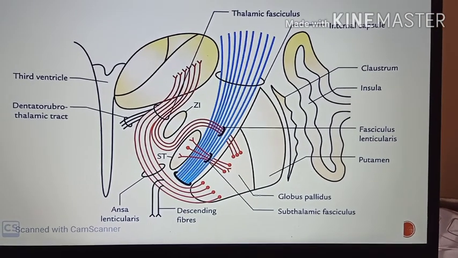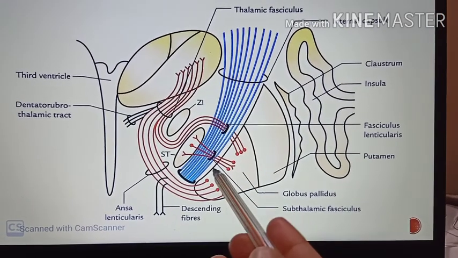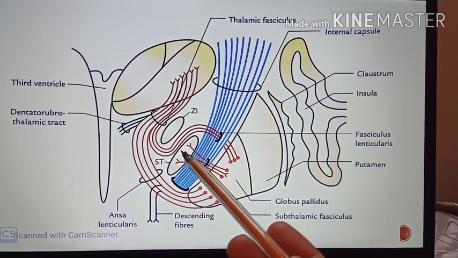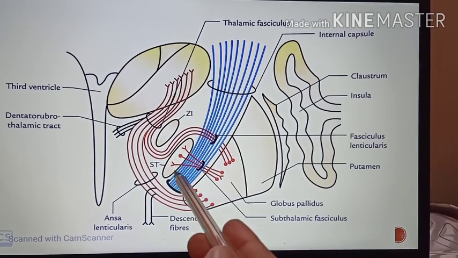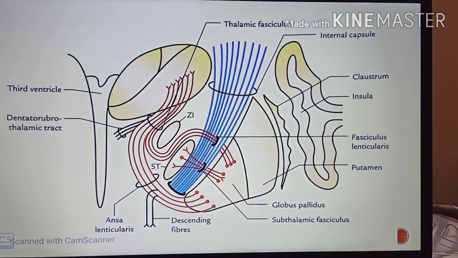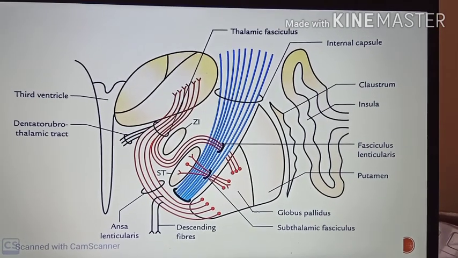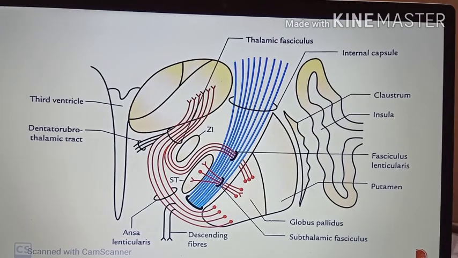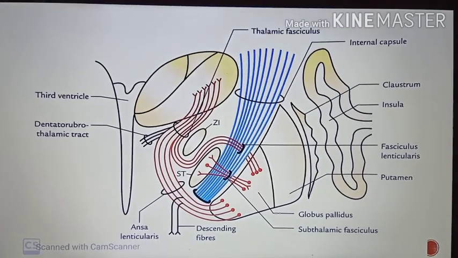Then the subthalamic fasciculus, which also pierces the internal capsule and goes to reach the subthalamic nuclei. Then you have the pallidonigral fibers. From the globus pallidus, a few fibers also go to the substantia nigra.